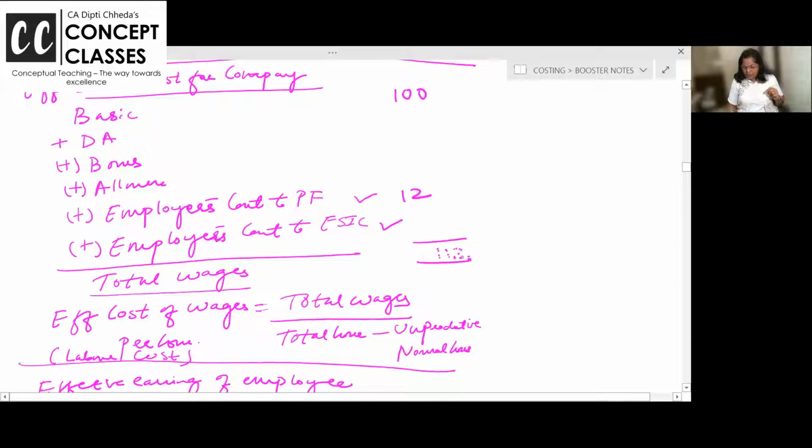It is 112. Employee will get 100 only, but 12 rupees I am incurring on your behalf, paying PF, and after retirement, you will get it from the provident fund. So it's an amount which is going out of my pocket right now. So that's why it is called employer's contribution to PF. It is also a cost for the company.